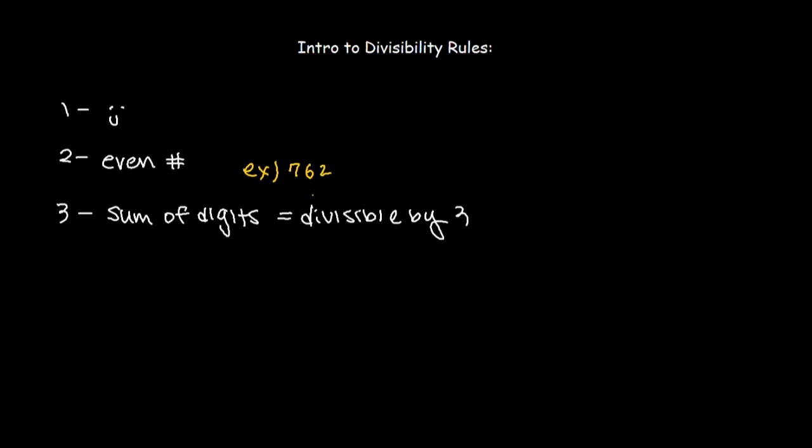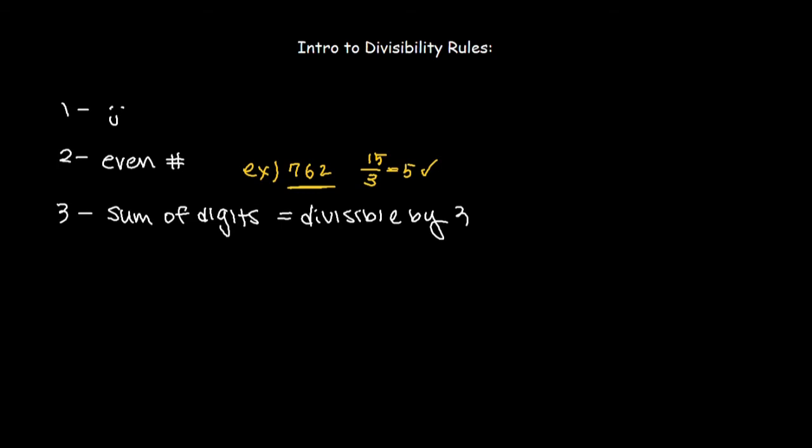Is 15 divisible by 3? Sure it is. You get 5 as your answer. So without even trying to divide 762 by 3, we already know that 3 is a factor of 762. You can do this for large numbers, even numbers that go up to the millions, by just adding all the digits and seeing if the sum is divisible by 3, without having to actually divide the number.